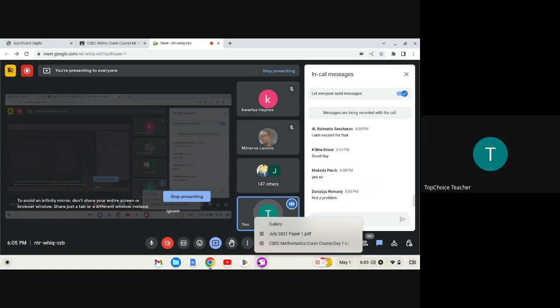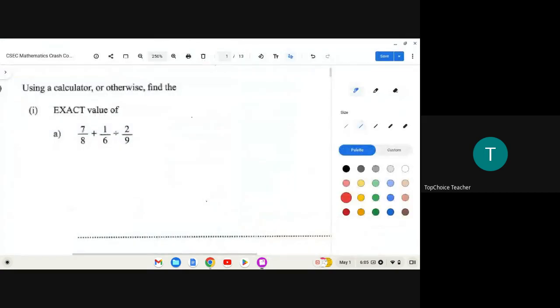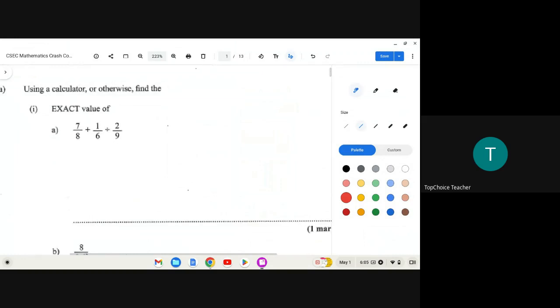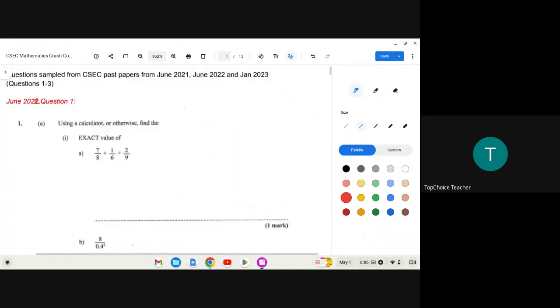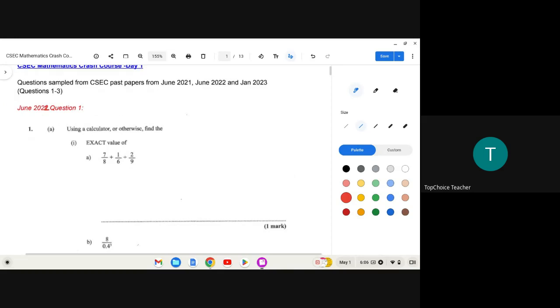All right, so let's get started with the first question. I know you're eagerly awaiting how we will handle a question like this. This is from 2022. I restricted all my questions; the latest is 2021, I wanted recent questions. I sampled 2 questions between the years of 2021 and 2023, including the January exam that just passed.